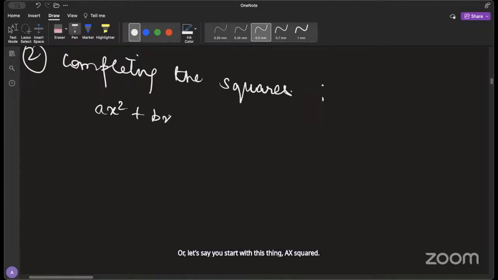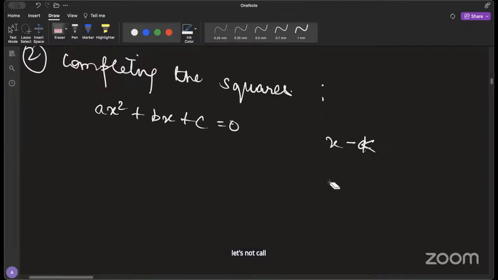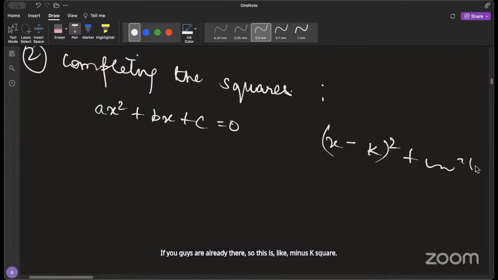What we try to do in this one is make this thing a square, like x minus, let's not call it a, let's call it k, because a is already there. So this is x minus k square plus something equals 0. We're trying to do this, which is possible, and we'll see how.